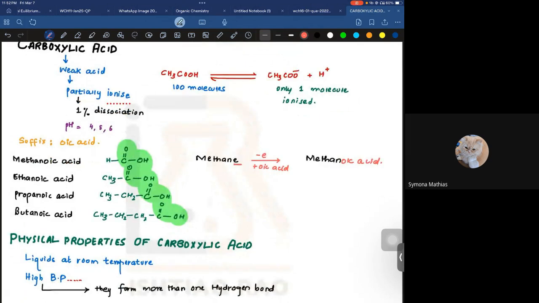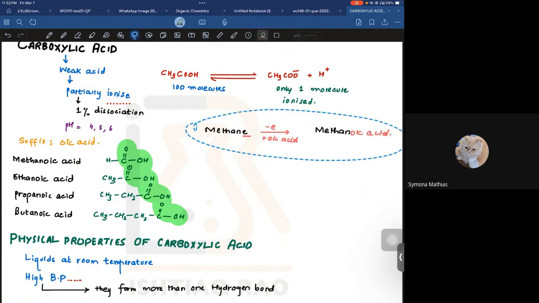It is following the homologous series as well. If you count the number of atoms and write down the molecular formula, you will see that it's a homologous series.